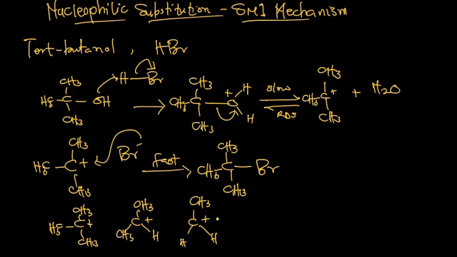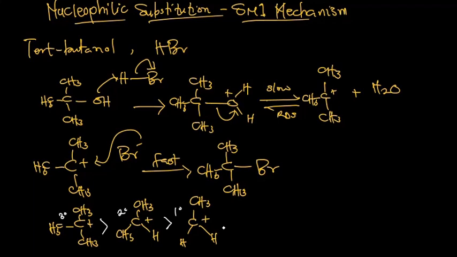Now, which of these three is going to give you an SN1 mechanism? Alright, so for SN1 mechanism to take place, we need a really stable carbocation. Now, among these three, in terms of stability, the tertiary carbocation is more stable than the secondary, which is also more stable than the primary carbocation.